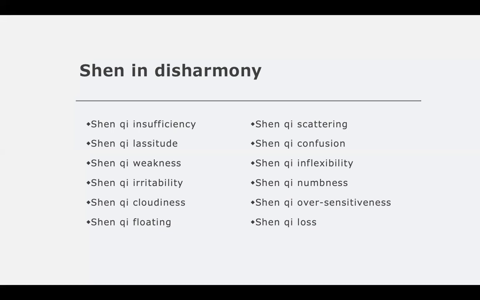So this is the shenqi insufficiency. The insufficiency means missing, lacking, not enough, weakness based. So this insufficiency particularly tries to let people know that the physical condition leads to the mental energy disharmony.